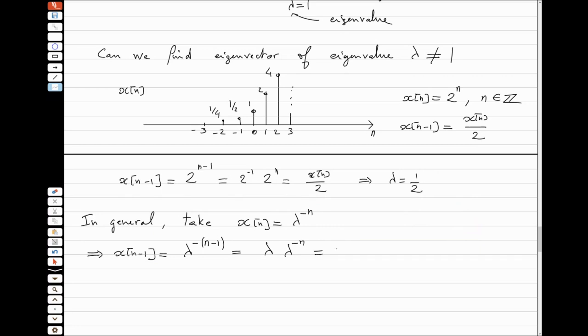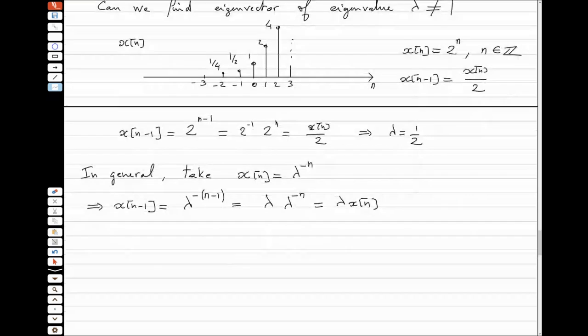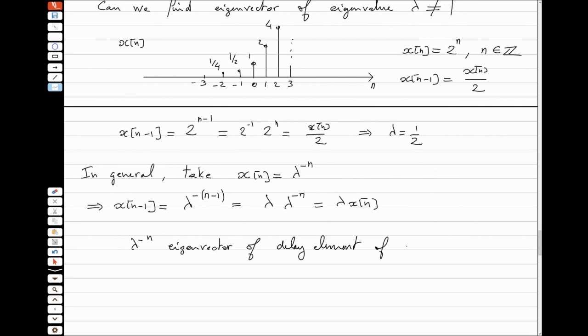Which is lambda x of n. All right, so lambda to the minus n is an eigenvector of the delay element of eigenvalue lambda.